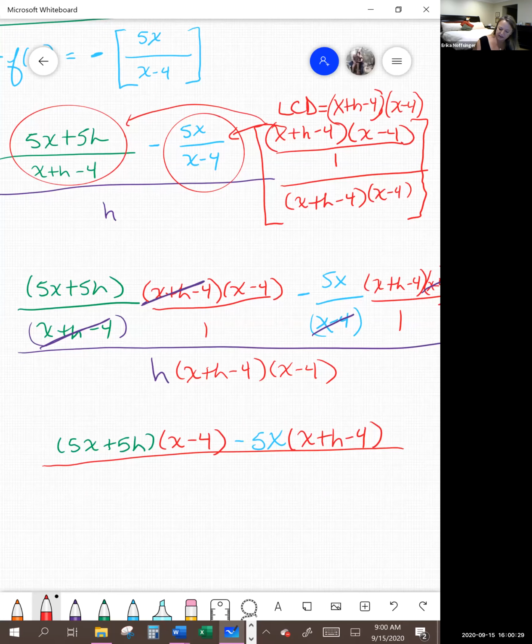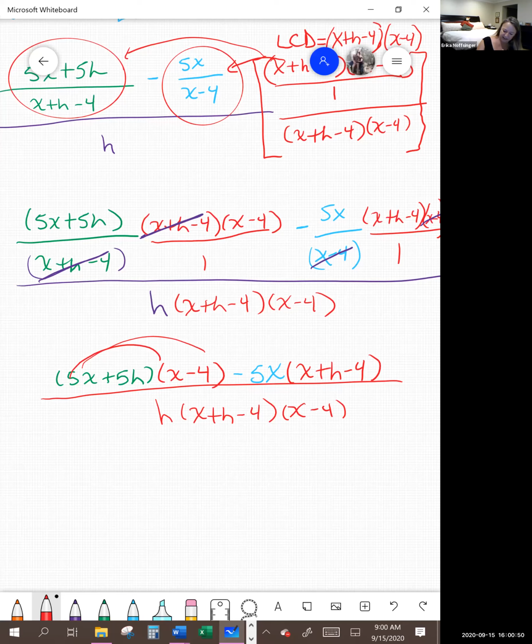I cannot cancel factors because of this minus in between the groupings on top. So we actually have to start distributing. 5x times x, that gives me a 5x squared. 5x times negative 4 is minus 20x. Distribute this 5h, so 5h times x, that's plus 5hx. 5h times negative 4, so this is minus 20h.